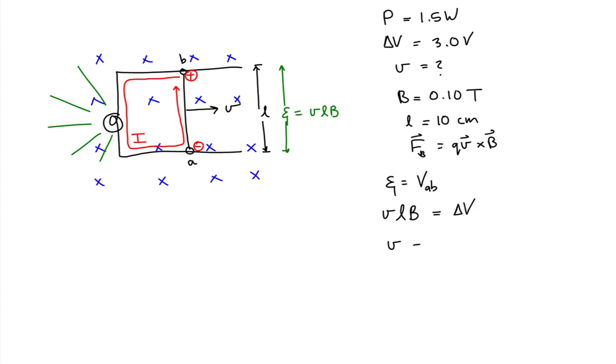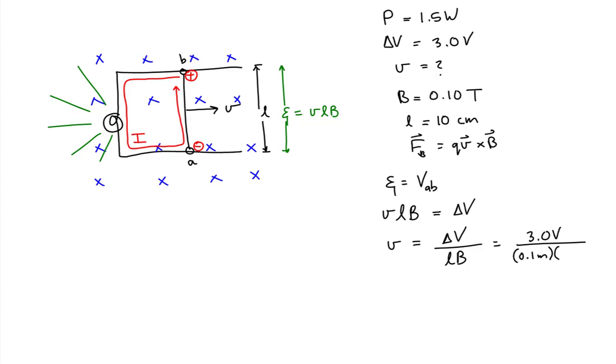So the speed at which the wire needs to move is equal to the potential difference across the bulb over the product of the wire's length and the magnetic field. The potential difference is 3.0 volts. The length of the wire is 10 centimeters.